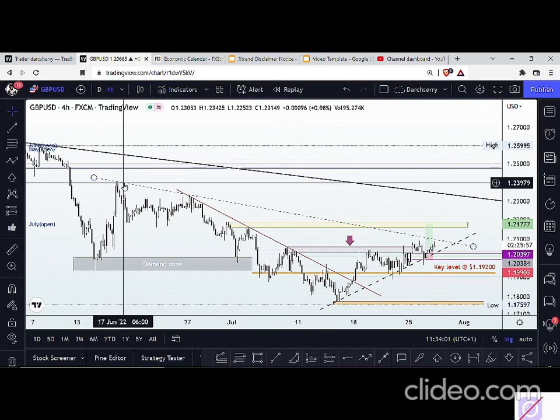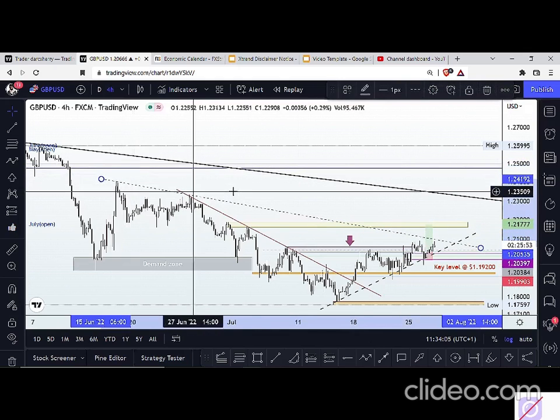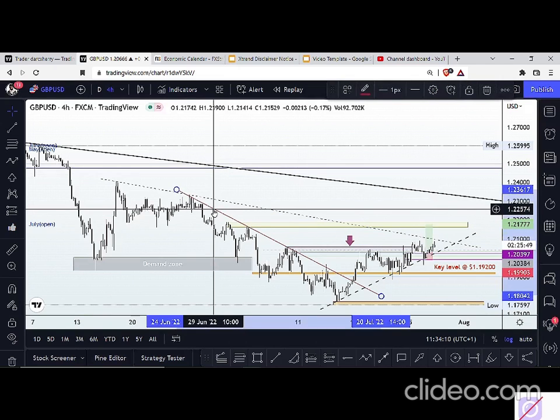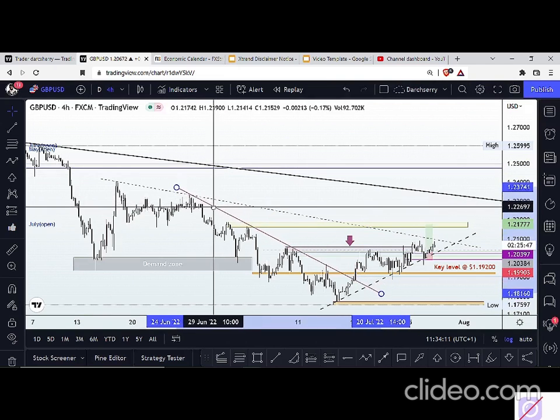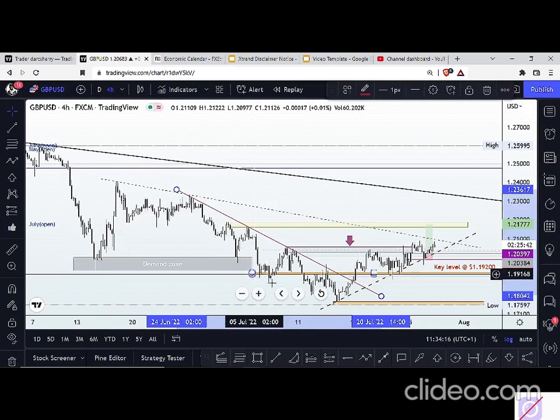I have this first trend line here, this dotted black line, and then we have this other bearish trend line, the red bearish trend line here, which was broken during our trading session last week.